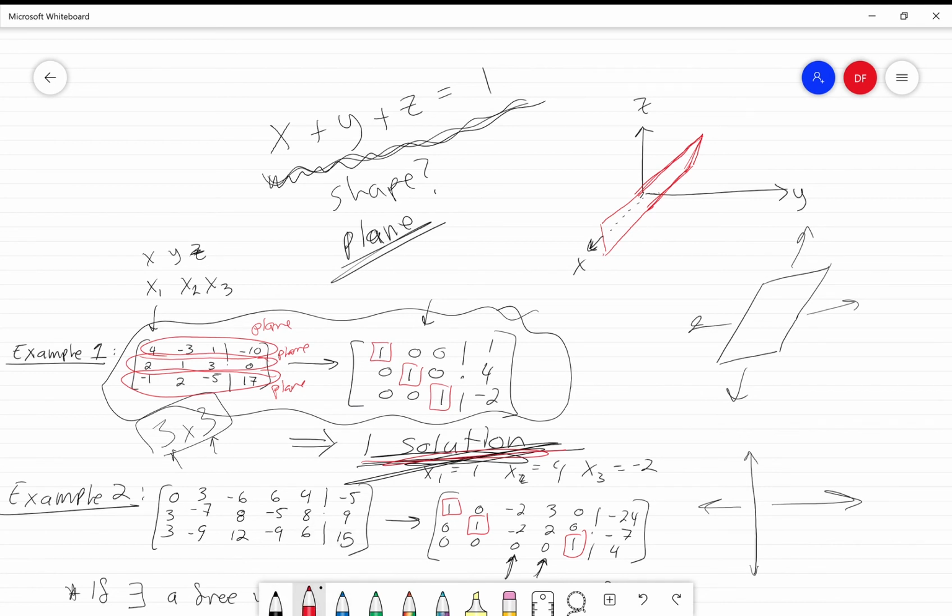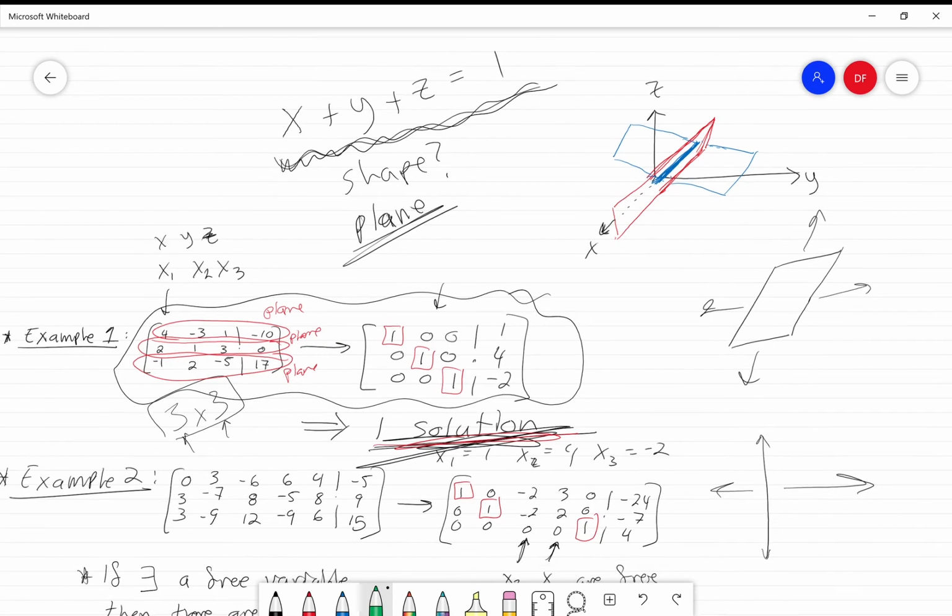So I can draw a different plane here. And right here, there's a line of intersection right here. Okay? And then if I draw a third plane, I can see that maybe it looks like something like this.